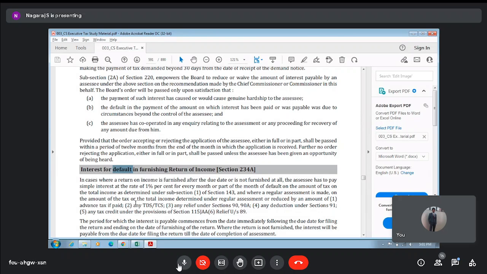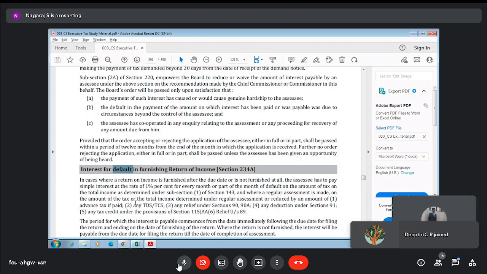There is one more due date, 30th November, for assessees covered under the transfer pricing provisions. Three due dates: 31st July, 31st October, 30th November.